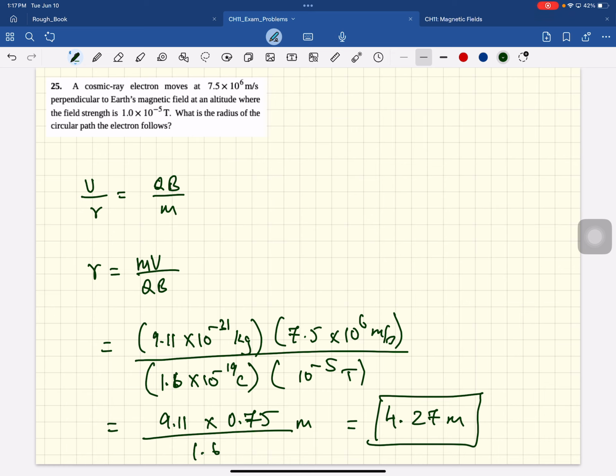Okay, so a circle about the width of this room. So the diameter of the circle is the width of this room.